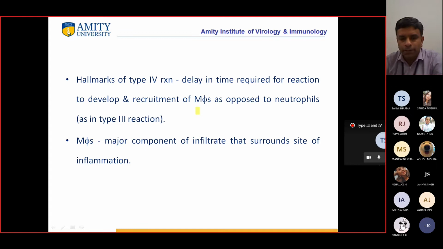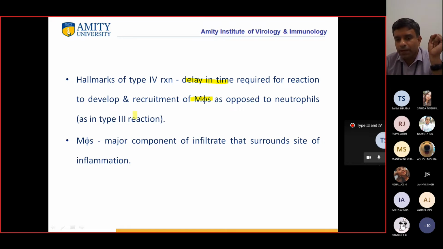Okay, now let's see the hallmarks of type 4 reaction. So one of them is delay in time. The reaction takes time to develop, that's why it is called delayed type. The other is recruitment of macrophages as opposed to neutrophils in type 3 reaction.